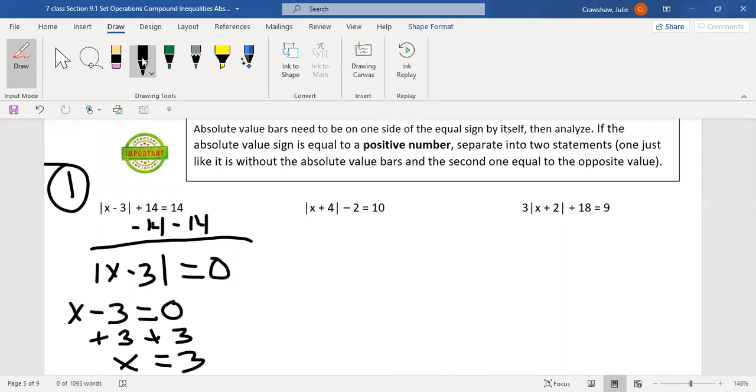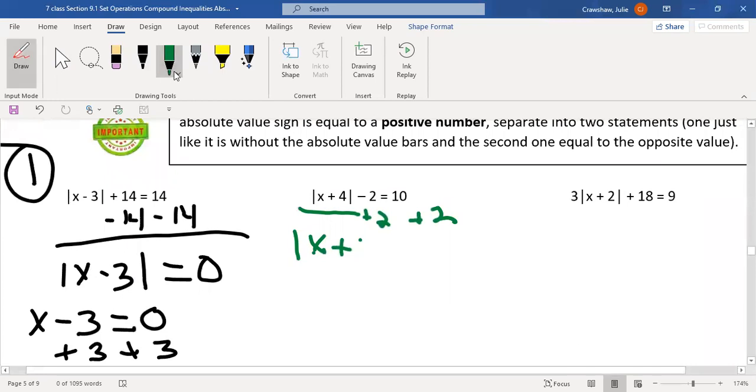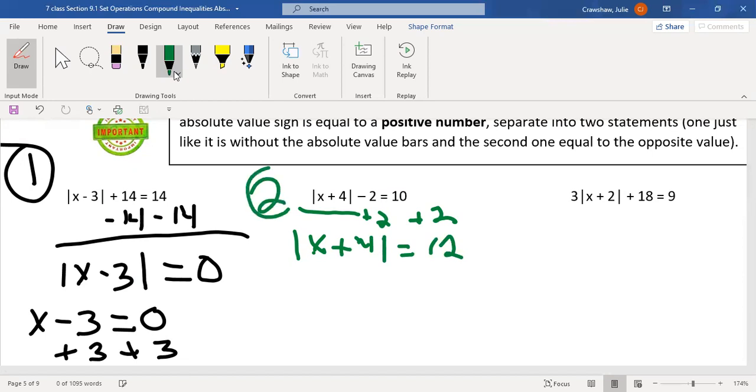The next equation, I'm going to isolate the variable by first isolating the absolute value bars. Add 2 to both sides. And I have the absolute value of x plus 4 equals a positive number. It's going to be 12. Now, because it's a positive number, I'm going to have two answers, or at least two.